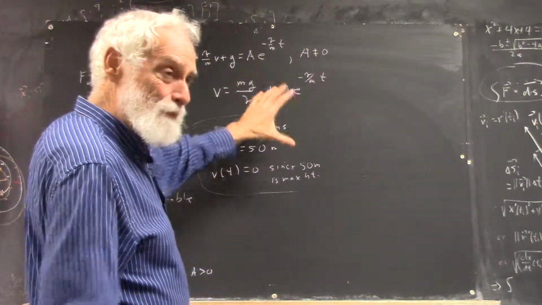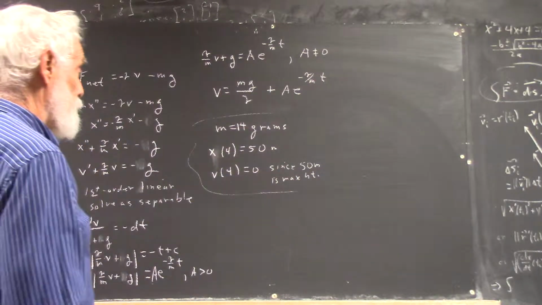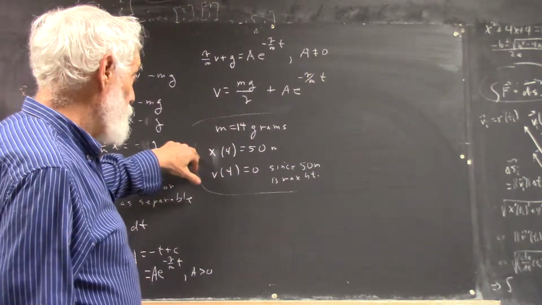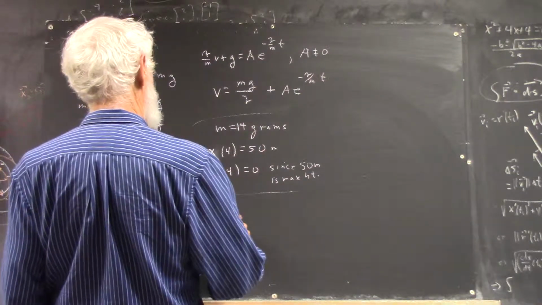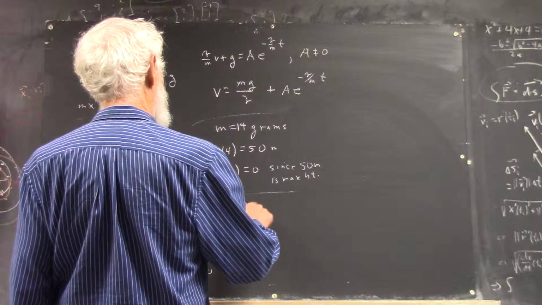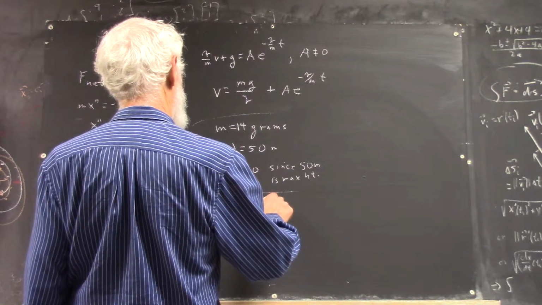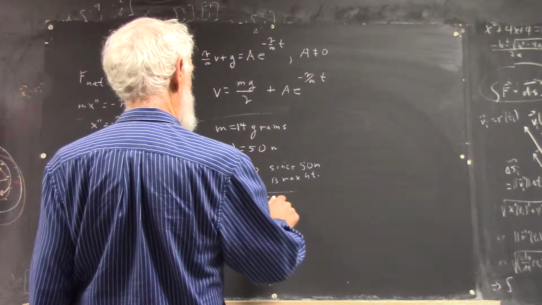So anyhow, we've got all this. We go ahead and put our initial conditions in and see just where your question came about. First of all, x of t is an antiderivative of v.